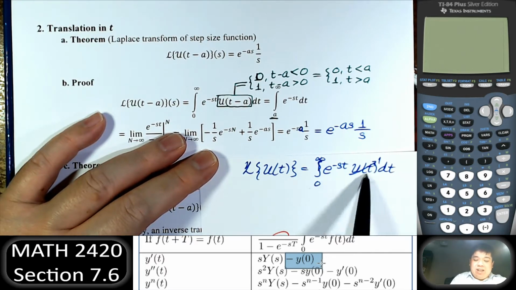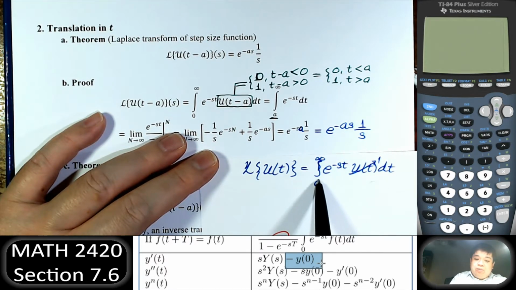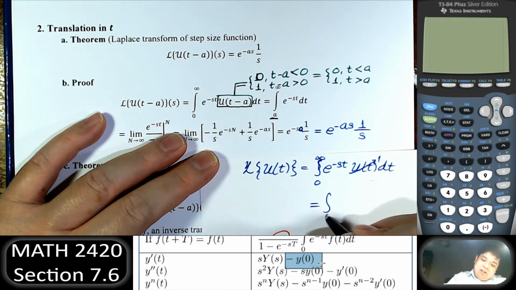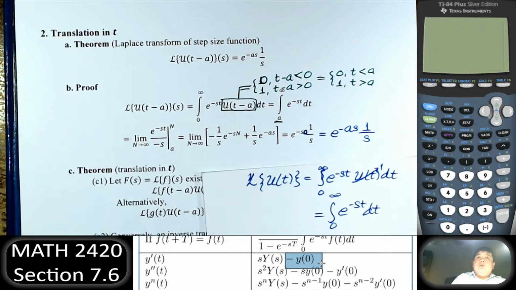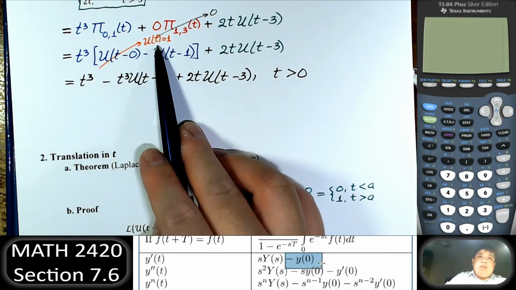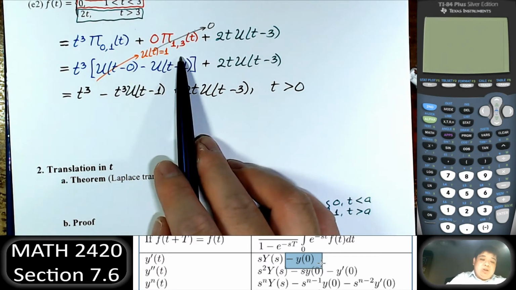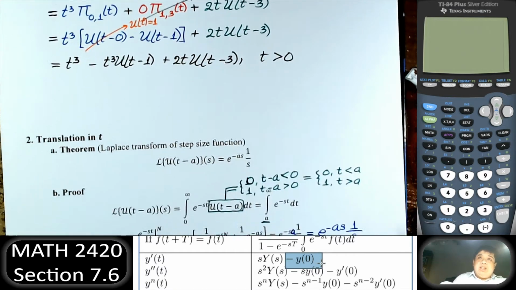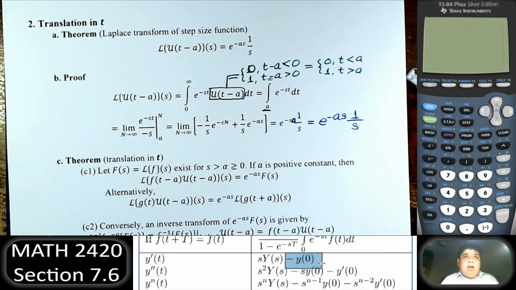So when we have u of t minus 0, or u of t, we're just going to let that equal 1 and assume that t is positive.